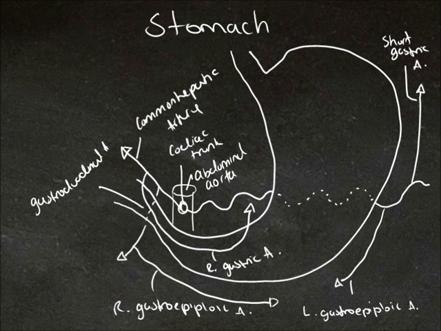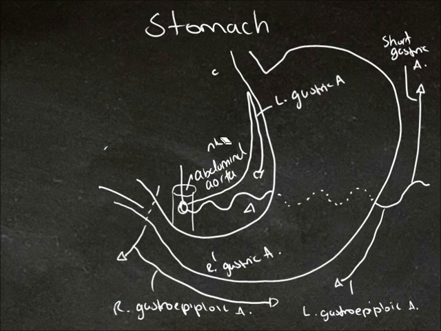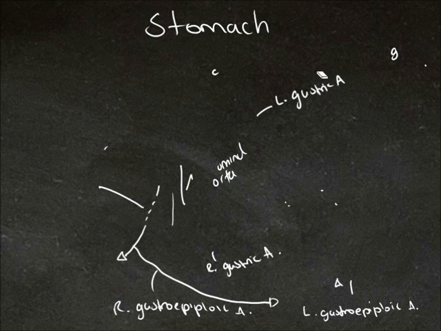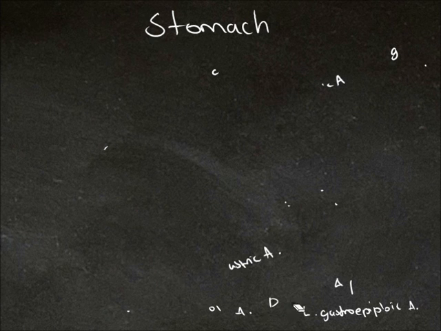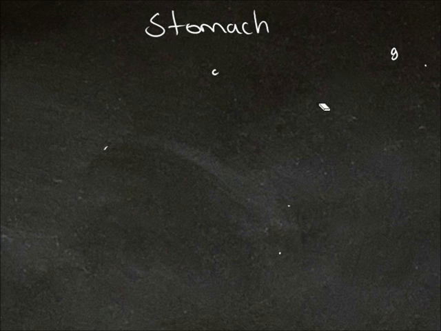Finally, the last branch of the celiac trunk is the left gastric artery. So all three branches of the celiac trunk supply the stomach.